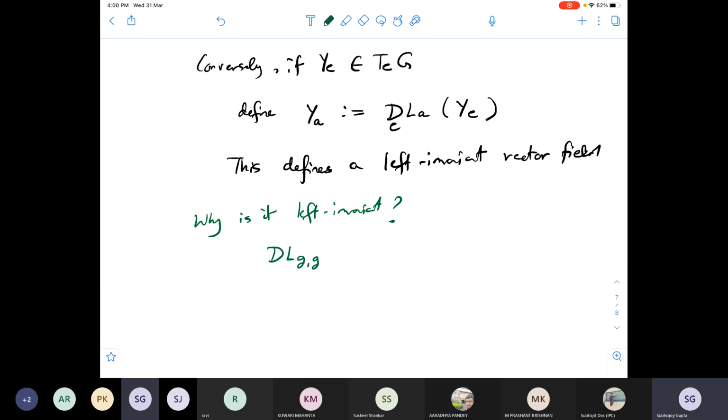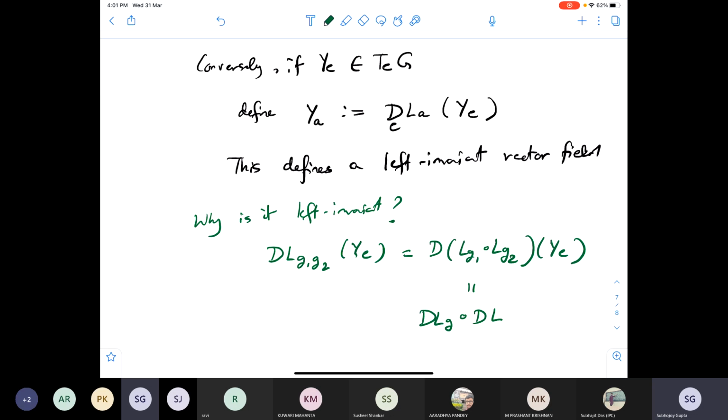So if you have the translation by G1 G2 of Y_E, you can write it as L_{G1} composed with L_{G2}. Left translations form a group action, so here you're using the fact that things are a group. So this is applied on Y_E, and now the derivative of a composition is the composition of these derivatives.